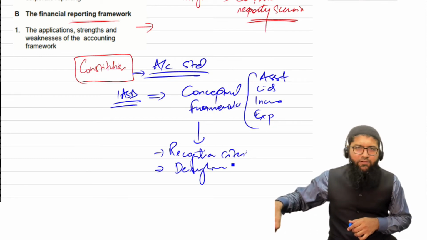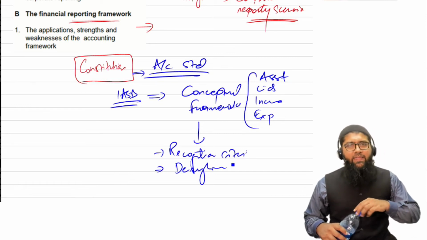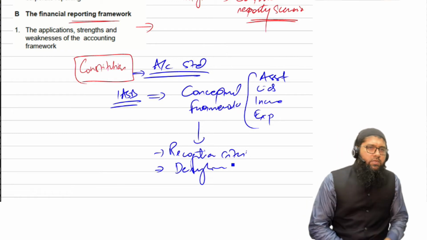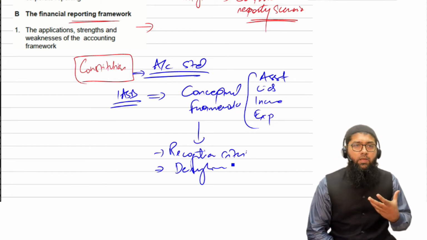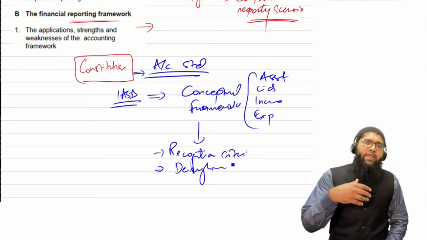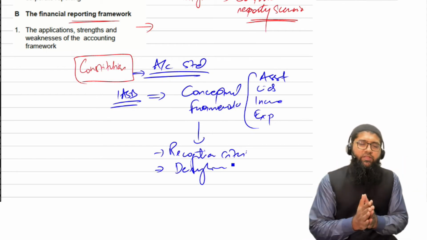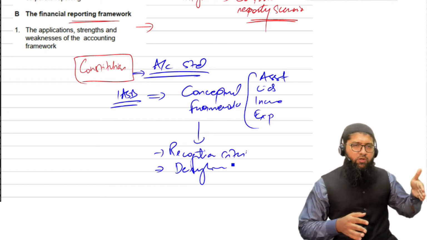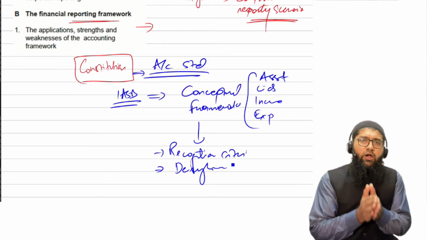But in the case of the IASB, they developed the accounting standards and applied them. Then came a time when they realized that having these accounting standards without a constitution was causing problems. So the IASB came up with a conceptual framework which defined all these definitions. The problem that arose was that the conceptual framework was contradictory to the accounting standards in a lot of cases.